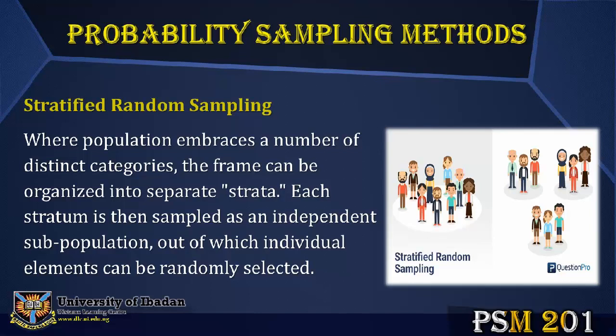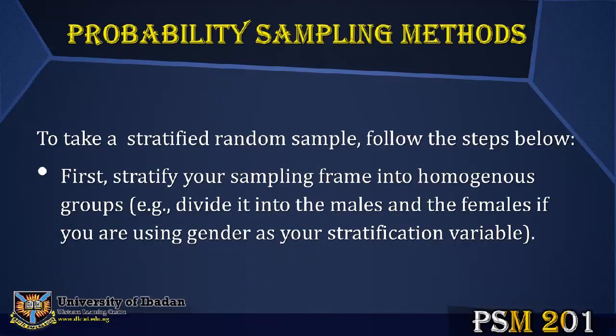Meanwhile, using the same sampling fraction for all strata ensures proportionate representation in the sample. That is, adequate representation of minority subgroups of interest can be ensured by stratification and varying sampling fraction between strata as required.